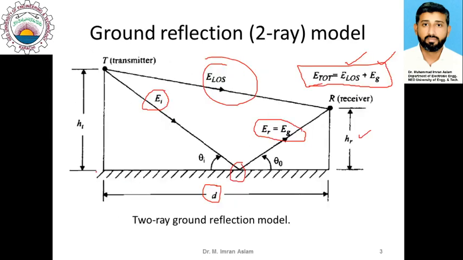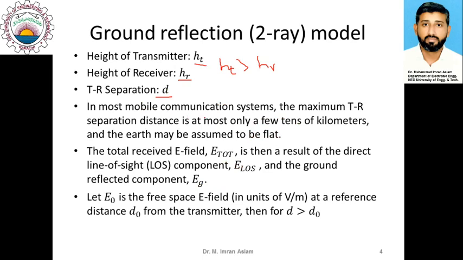Second thing, because this is ground, ideally the ground is spherical in nature, but typically the propagation distances, which are around a few kilometers, are very small as compared to the radius of the earth. If you think of the earth as a large object over which we have this small T-R separation, then it is a convenient choice to take the ground as a flat surface.